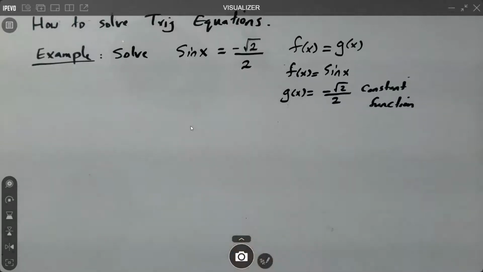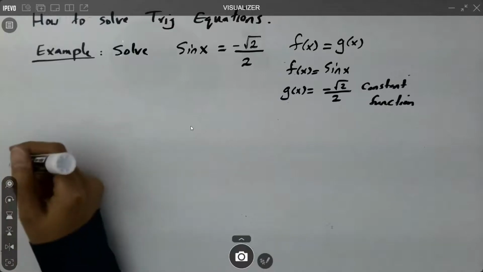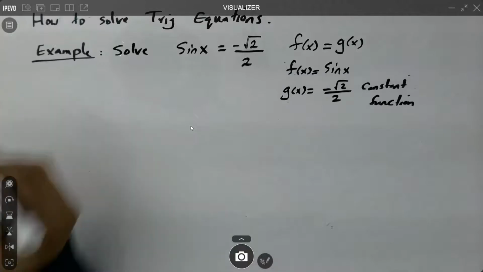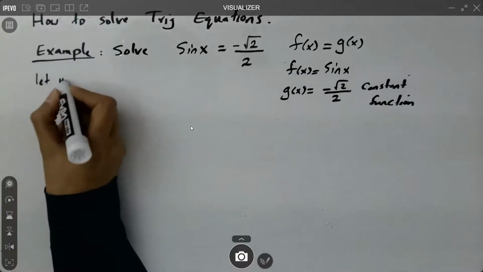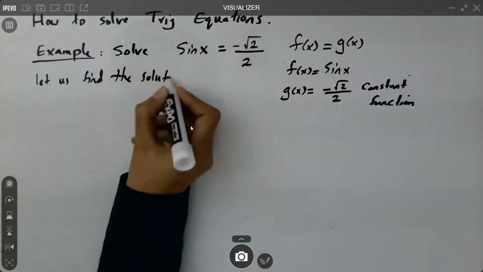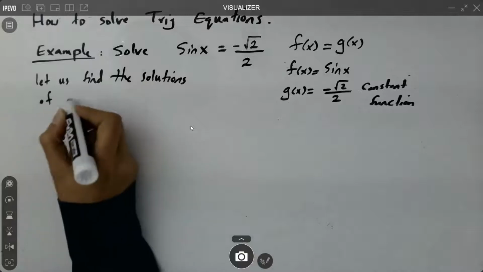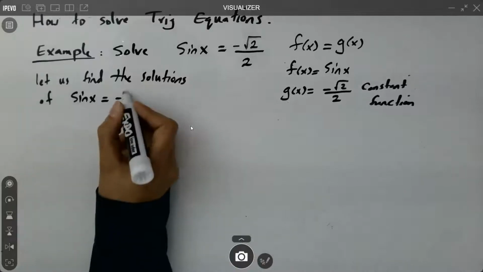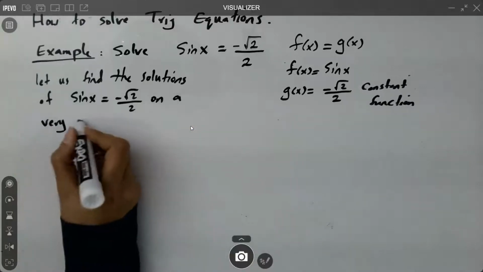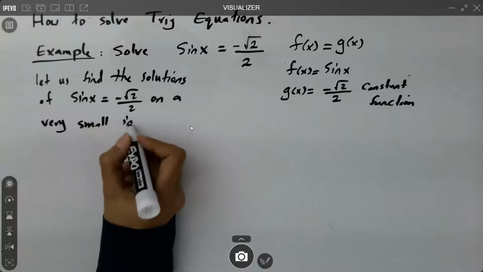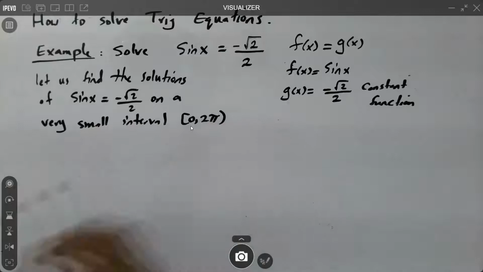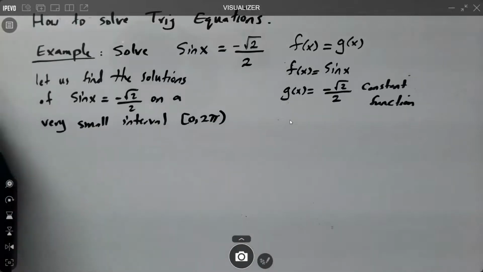So what's our strategy? Our strategy is to limit ourselves, restrict ourselves to a very small interval. Let us find the solutions of this equation on a very small interval. What interval? 0 to 2 pi. Okay, I did that.